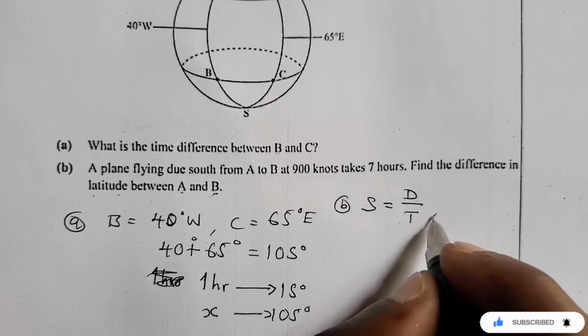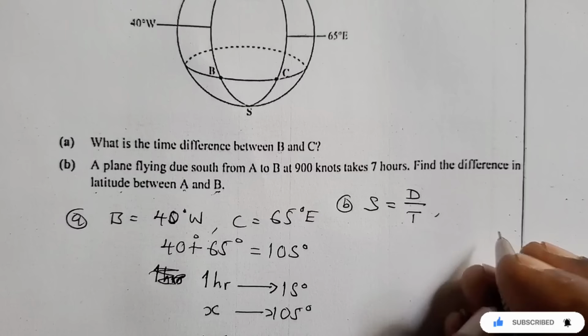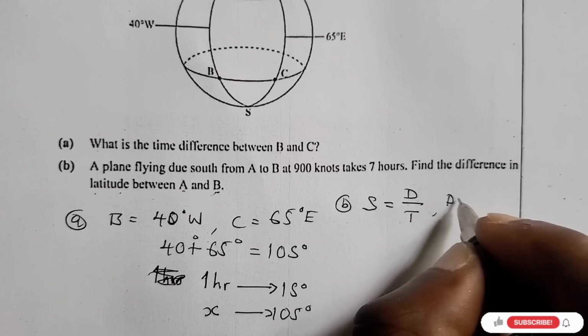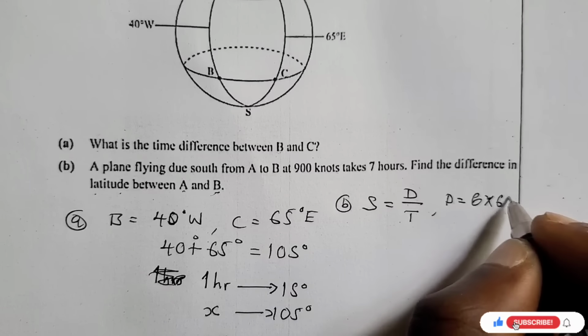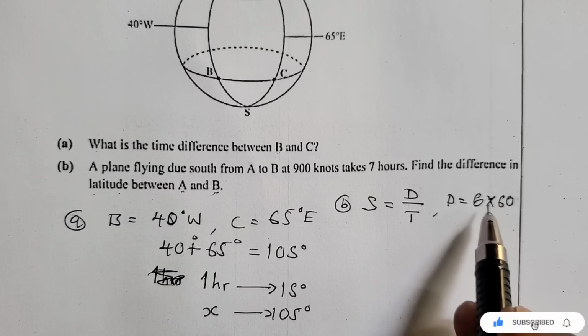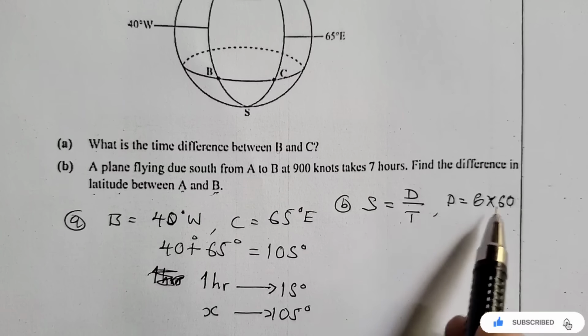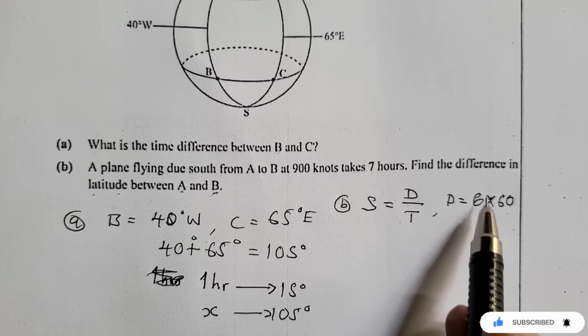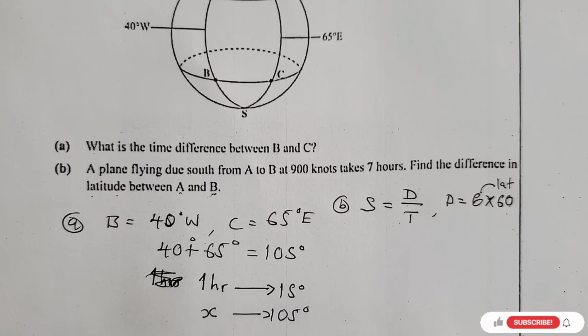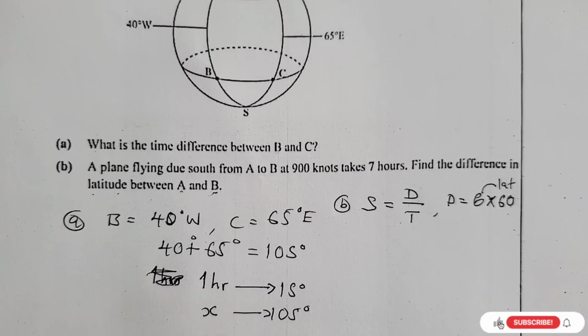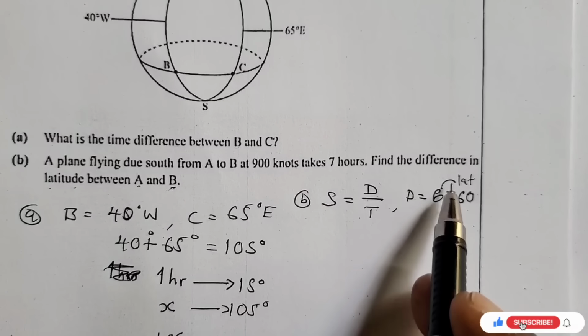The formula is distance equals theta times 60. We use 60 here because the distance is supposed to be in nautical miles. This theta is the difference in latitude, which is what we want to find.